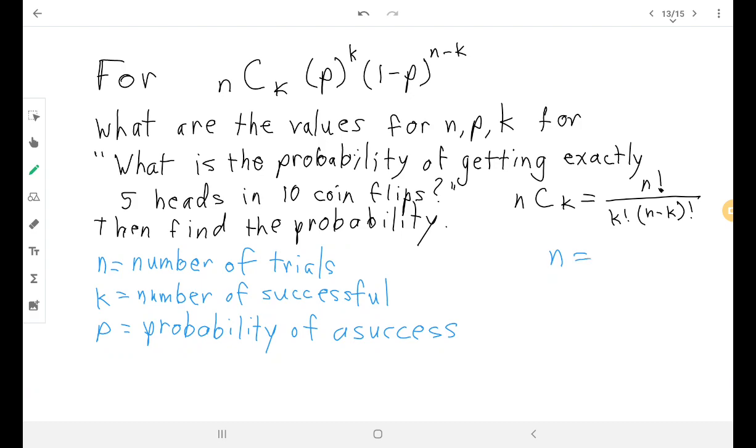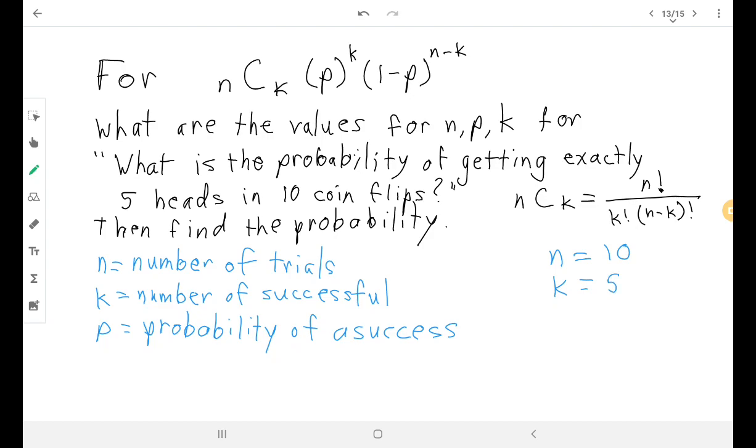So how many trials do we have? Well, we read through the problem, and it says, what is the probability of getting exactly 5 heads in 10 coin flips? That's the number of trials. We're going to flip a coin 10 times, so N is 10. How many successes do we want? Well, a success is getting a heads, and we want that to happen 5 times.